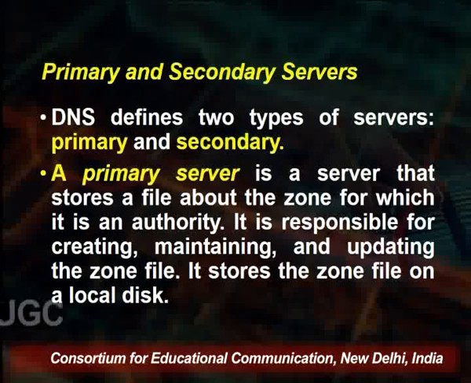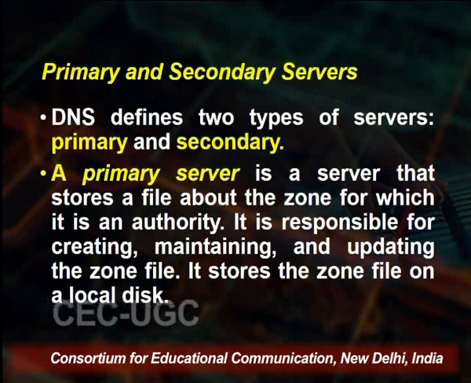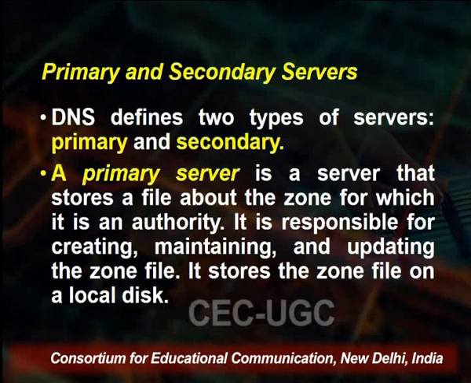See, the idea behind the whole thing is that because the internet is an unstoppable service, if one server goes down, the other has to be brought up immediately without any delay. So for every step, the redundancy factor has been incorporated. The primary server is a server that stores a file about the zone for which it is an authority.